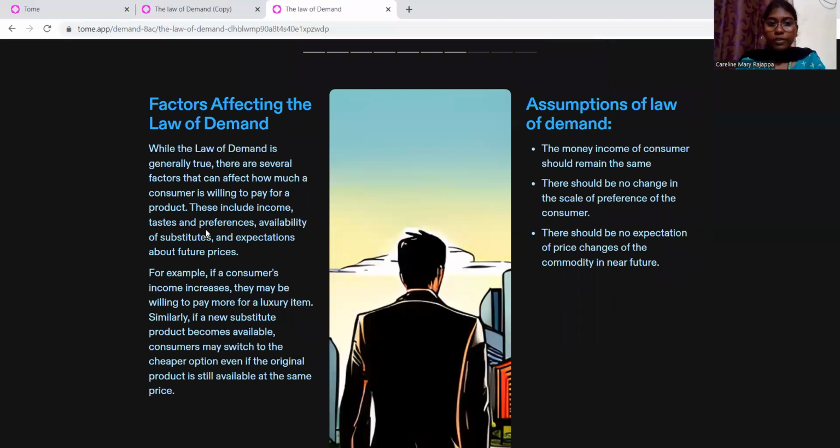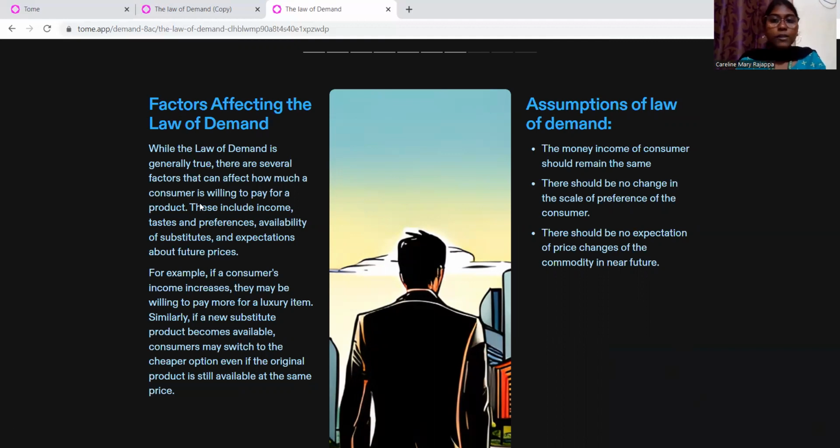Factors affecting the law of demand. The law of demand also includes income, taste and preferences, availability of substitutes, and expectations about future prices. For example, if a consumer's income increases, they may be willing to buy a more luxury item.